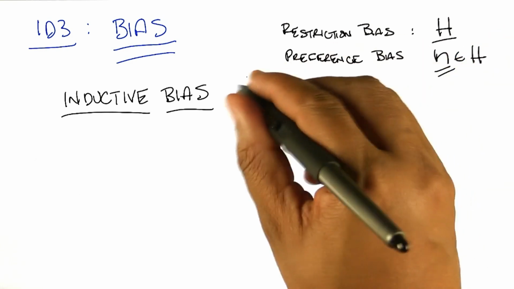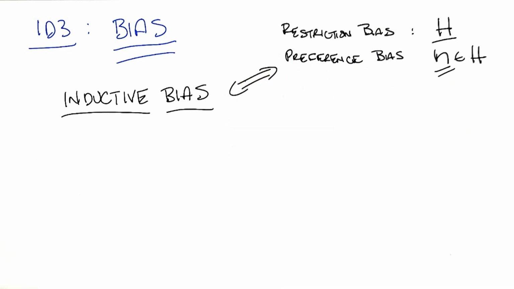And that is really at the heart of inductive bias. So Michael, given that, what would you say is the inductive bias of the ID3 algorithm? That is, given a whole bunch of decision trees, which decision trees would ID3 prefer over others?